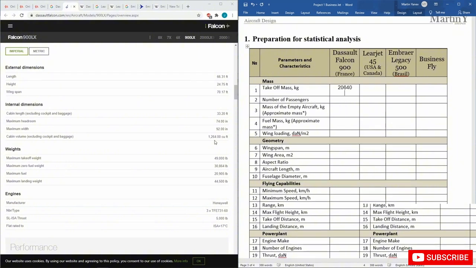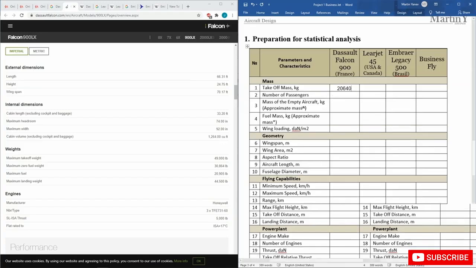So the takeoff mass is 20,000 kilograms. The number of passengers of this aircraft is about 19. So this is the maximum number of passengers that I found. The mass of the empty aircraft is about 10,255 kilograms.